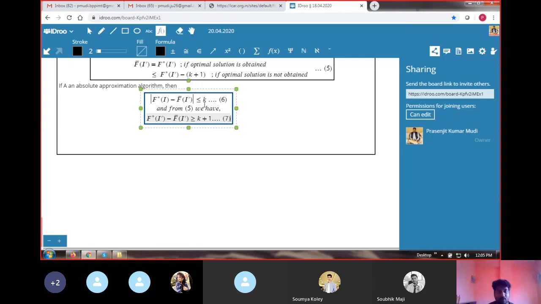Okay, so this is not possible. So inequalities 6 and 7 will be true if and only if the left hand side is 0.